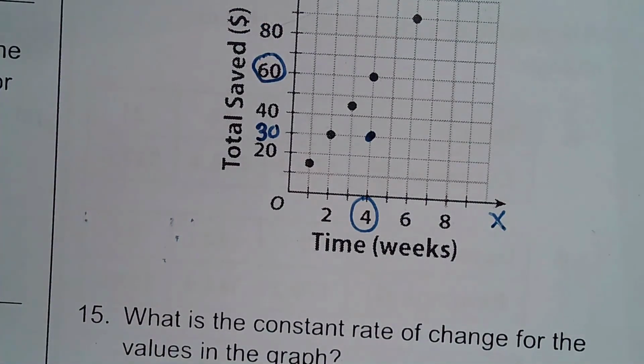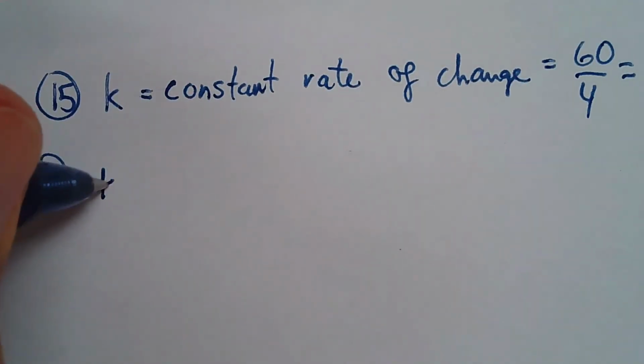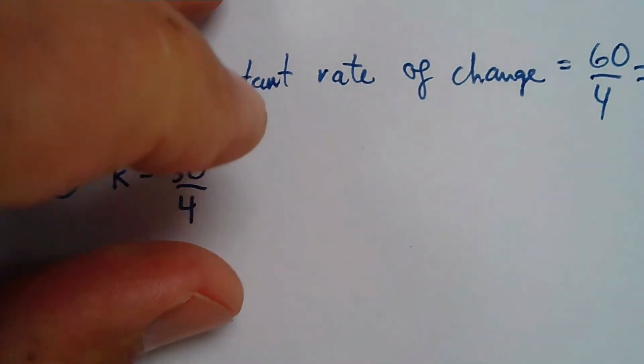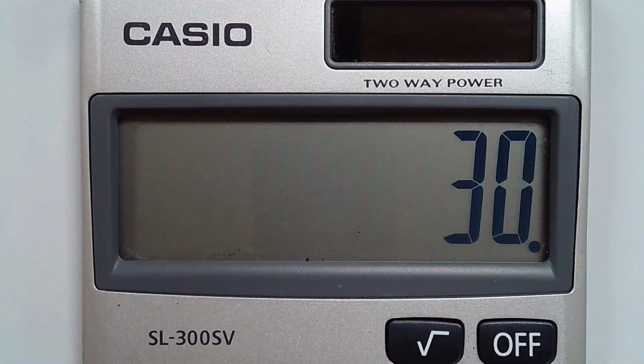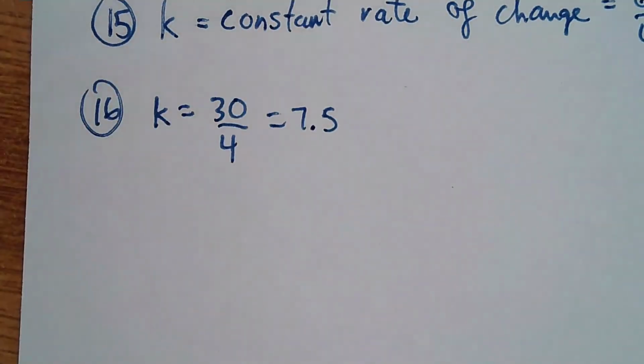I didn't choose the best thing, but write an equation. So 30 over 4. In this case, k will be 30 divided by 4. And 30 divided by 4, I can't even think right now. 30 divided by 4 is 7.5. So k is 7.5.